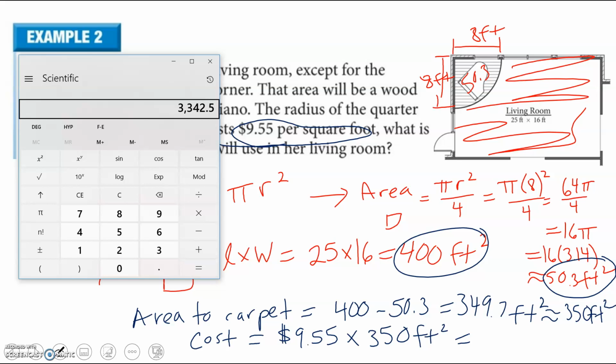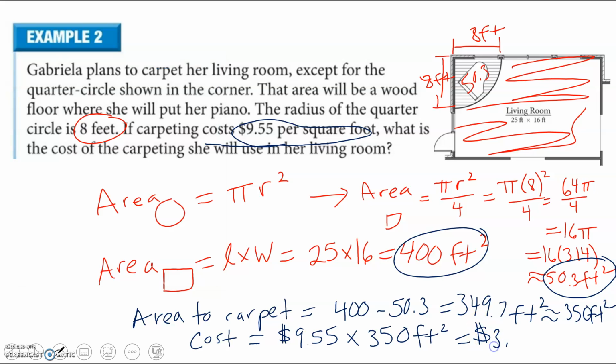That's going to be $3,342.50 for carpet. So Gabriella will spend $3,342.50 on carpet. And that's it.